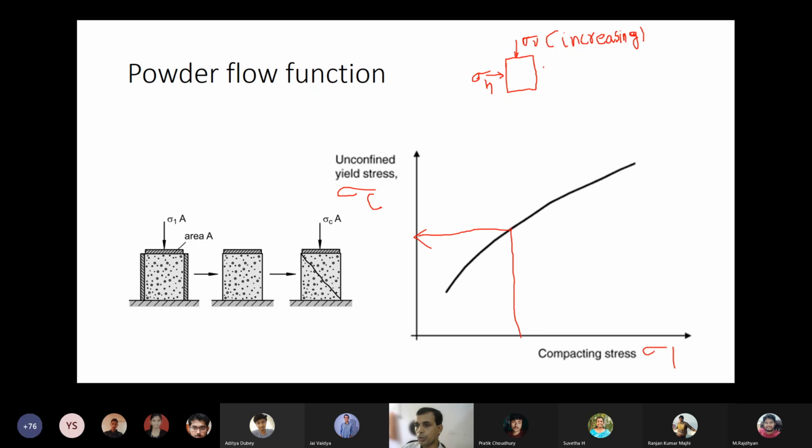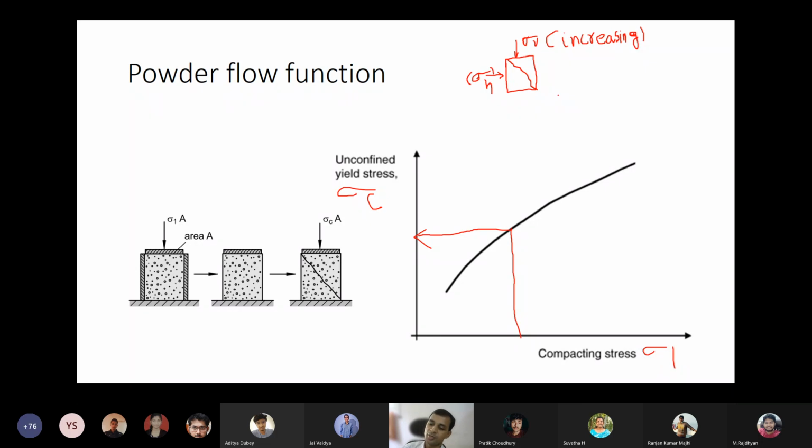What will happen at some point of time? If you keep increasing the load, there will be a fracture in this direction. If you apply further load, keeping this constant, what will happen after the fracture?